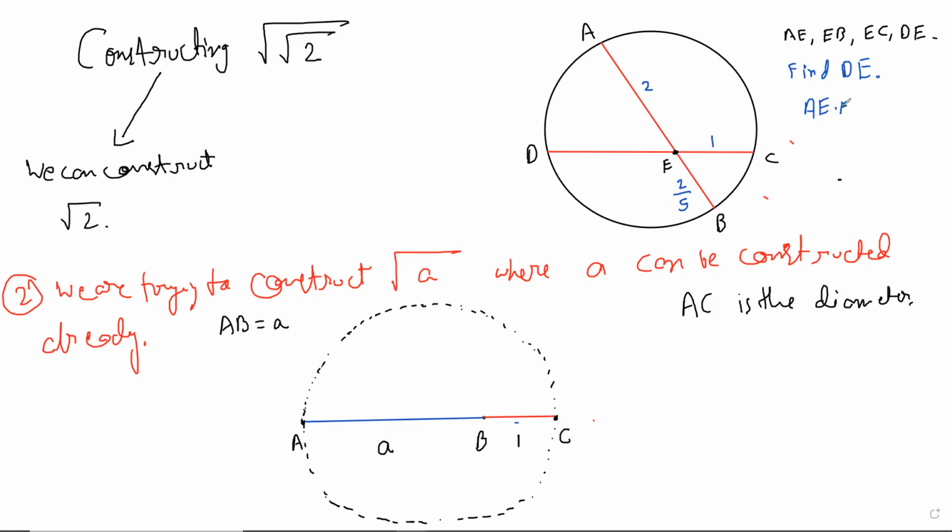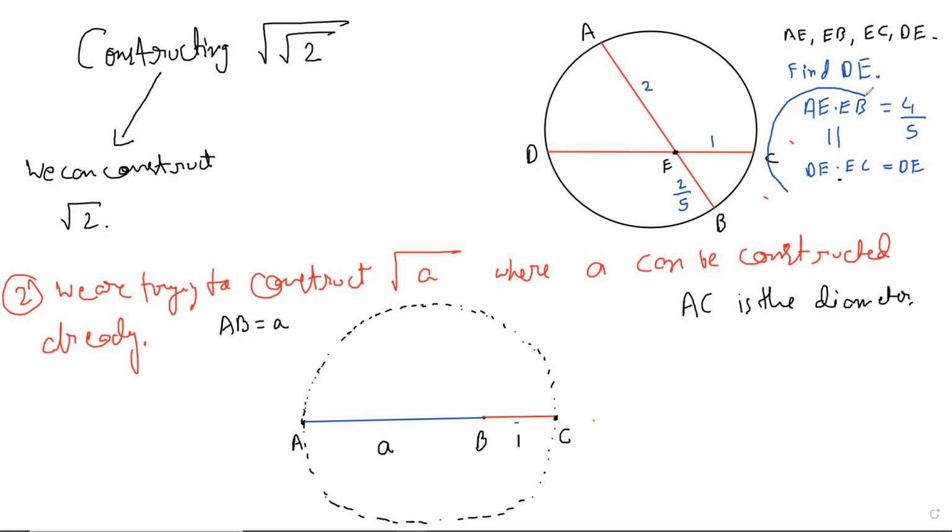AE times EB. Yes, right. So that is the key. Yeah, these are equal. Right. So this is the theorem, right? That if two chords are intersecting, then the products of the lengths of the segments are equal.